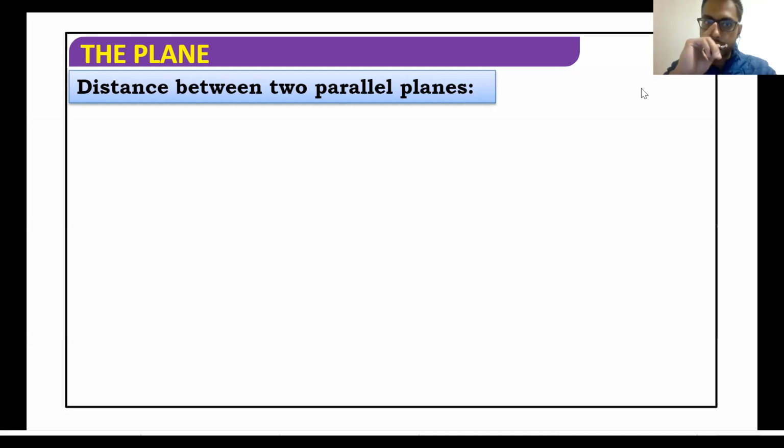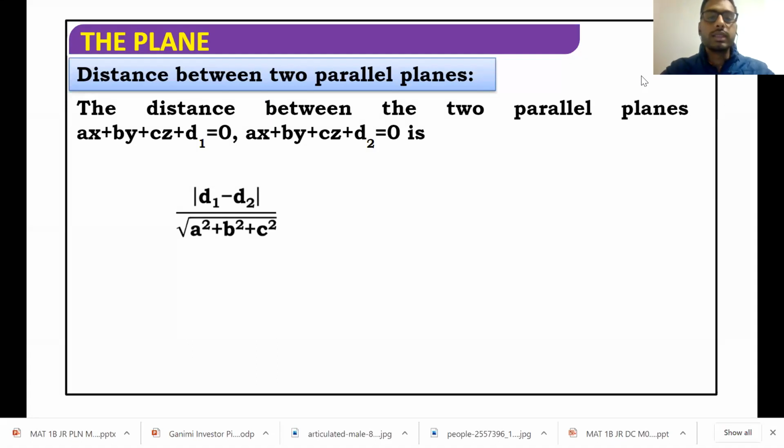Here, as the planes are parallel, the values of a, b, c would be constant. However, your d1, d2 would be changing. Therefore, what you have to do is just take the difference, d1 minus d2 or d2 minus d1, upon under root of a square plus b square plus c square. So it is the same formula as your formula for lines.